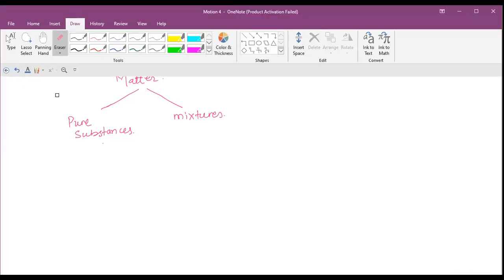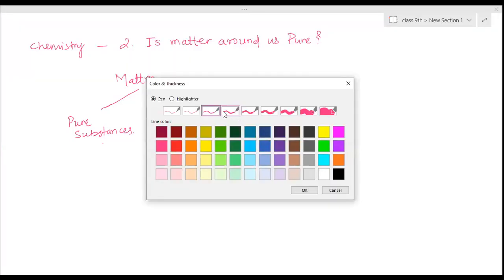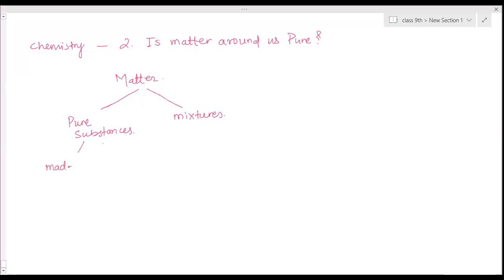Made up of similar kind of atoms or molecules are called pure substances.